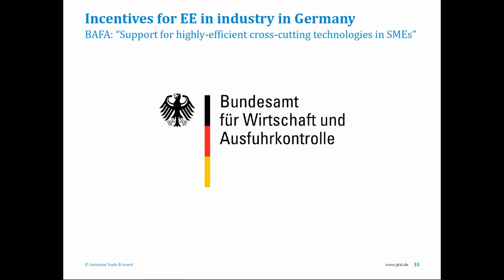Grants can be for up to 150,000 euros per site for technical systems under certain circumstances, or up to 30,000 euros for individual measures. It's interesting to note that this program is aimed not only at companies, but also at contractors.